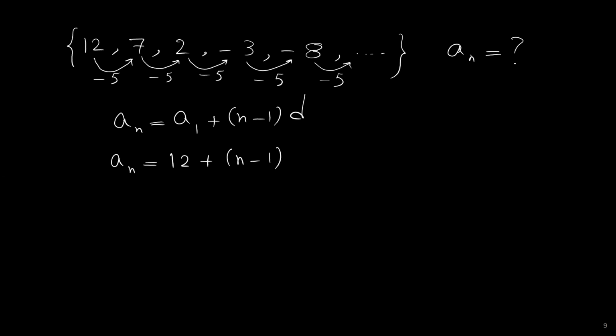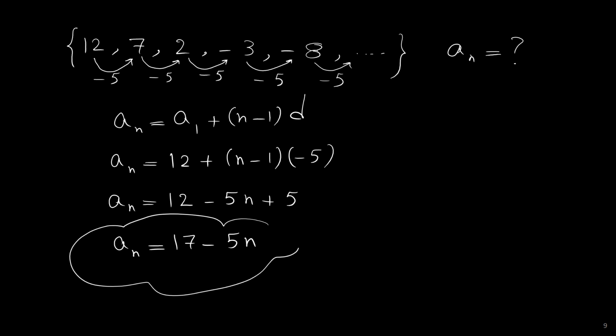And in this example, the common difference is negative 5. Now let's simplify this formula. a sub n equals 12 minus 5n plus 5. 12 plus 5 is 17, and so we can write the nth term as 17 minus 5n.